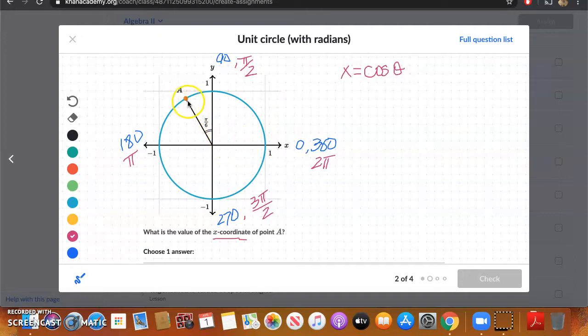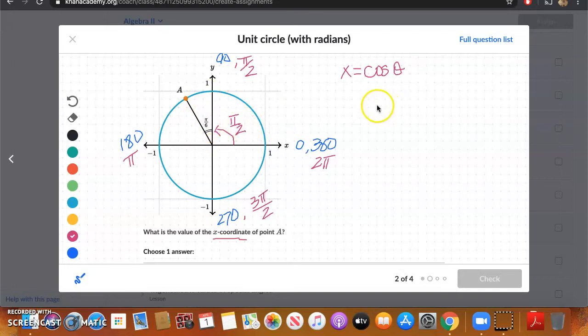So if we want to find the angle that this point A is created by, we would have to take this missing angle here, and we know that's pi over 2. We would have to add that angle to pi over 6.